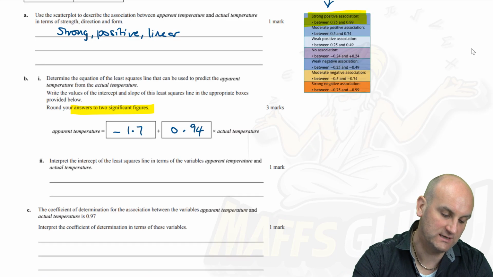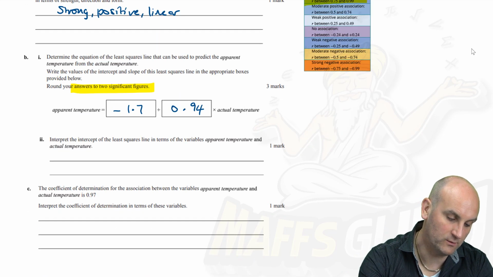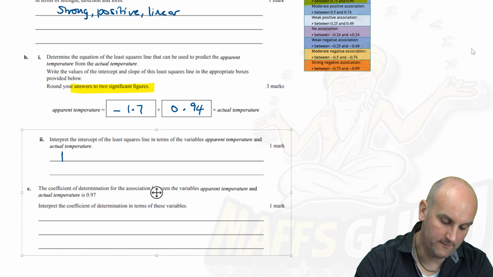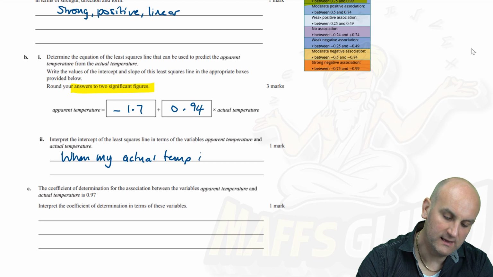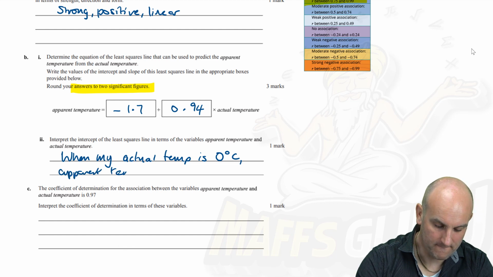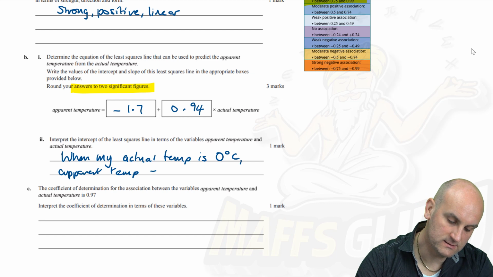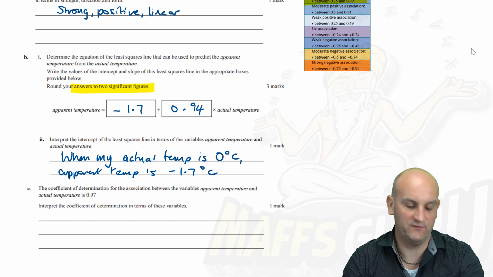So let's see what we can write. When my actual temperature is 0 degrees C, my apparent temperature is minus 1.7 degrees C. There we go, I've interpreted it. You've got to be very, very careful there.